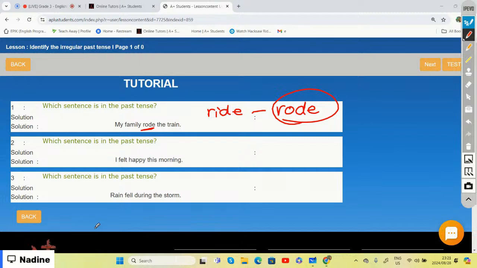And if we were to identify our irregular past tense, then felt is our correct irregular past tense. And if we look at what the present tense was, it was feel.